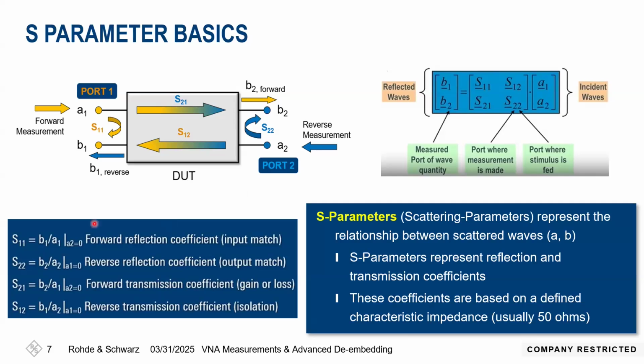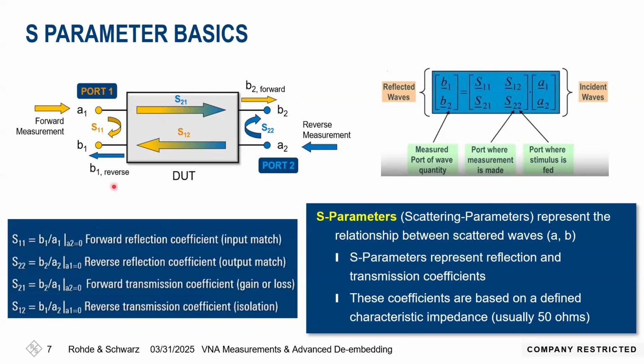If we talk about the incident wave, which is applied at port 1 of our device under test, that would be A1. The same incident wave passes through the device under test, and we measure the response of our component, which will be B2. So the ratio of this response, B2, divided by the incident wave A1, would be our S21 parameter, which is the forward transmission measurement.